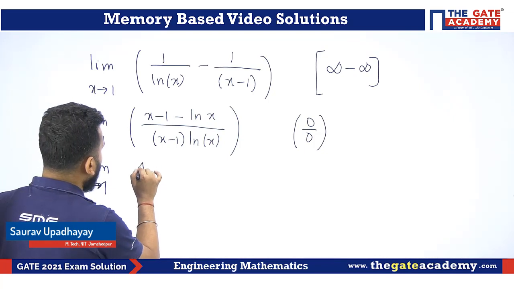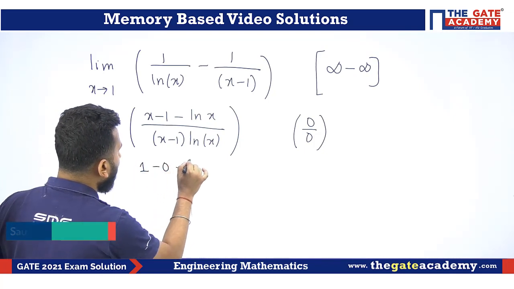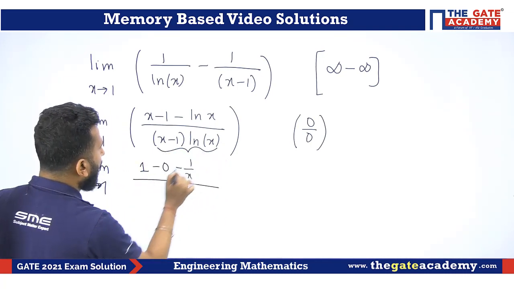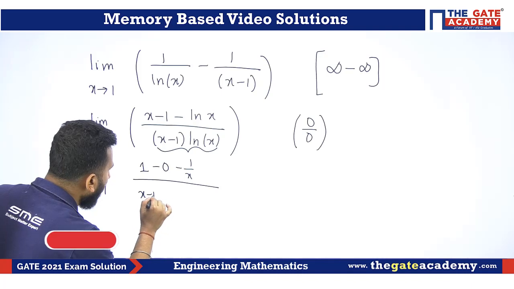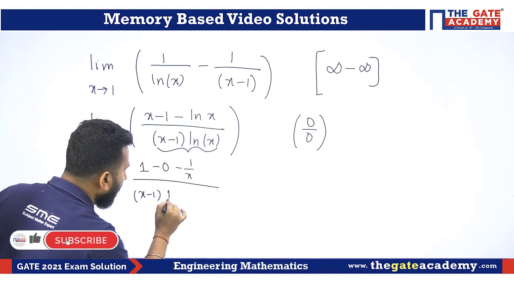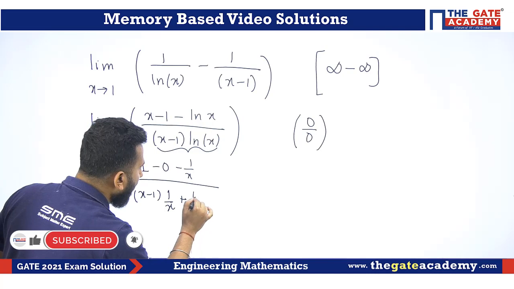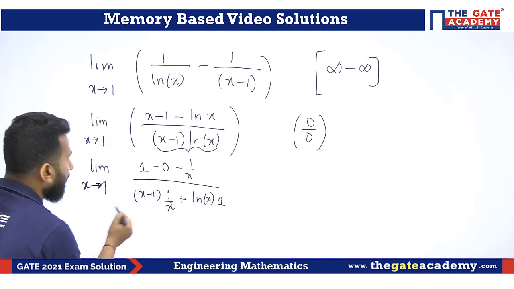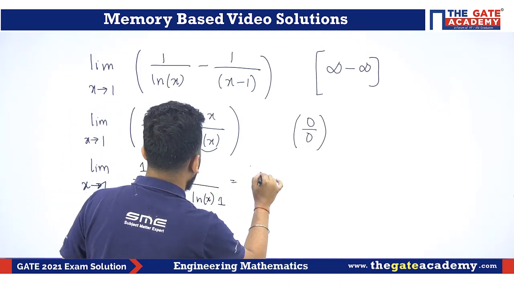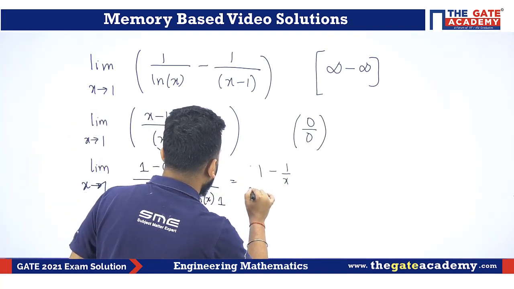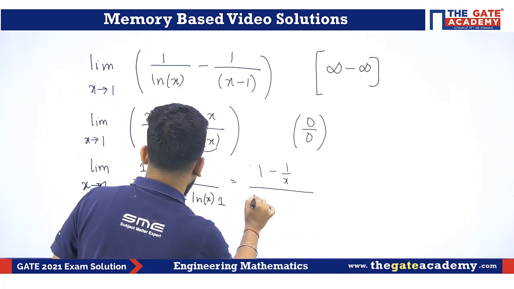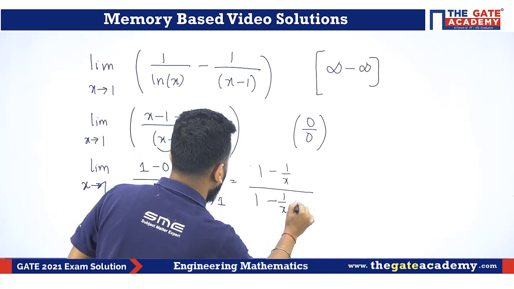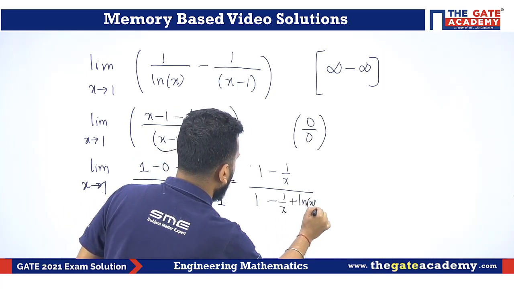It is 1 minus 0 minus 1 by x, divided by, using the product rule, x minus 1 into the differentiation of ln x, which is 1 by x, plus ln x into 1. Let me rearrange it: it is 1 minus 1 by x divided by 1 minus 1 by x plus ln of x.